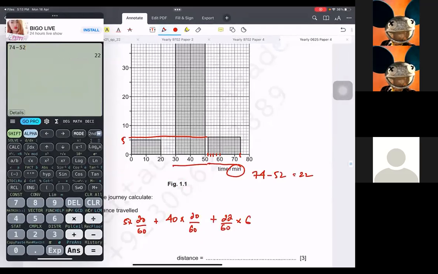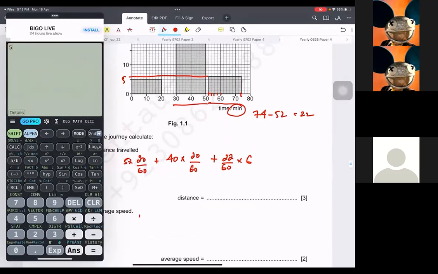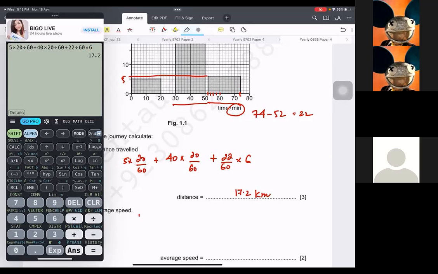Now I add all of them. First is 1.67, then 13.3, and the last one is 2.2. Answer is 17.2 kilometers.